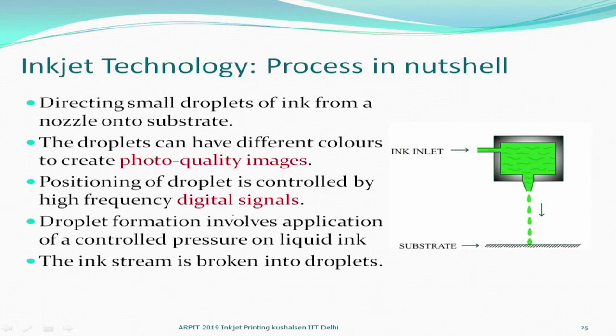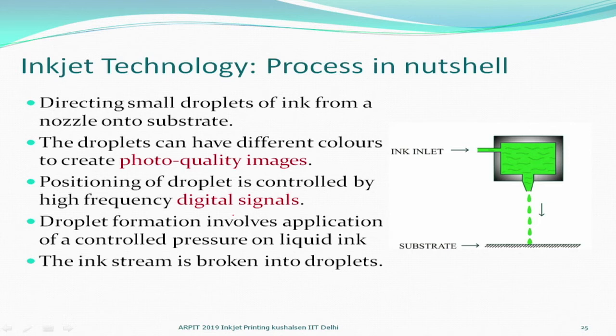this is how I am introducing the subject. So, you have to create small droplets of ink from a nozzle. The droplets can be of different colors, could be 3 or 4 colors. The droplet must be positioned by some digital signals.